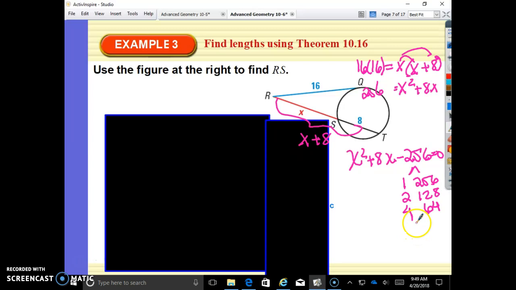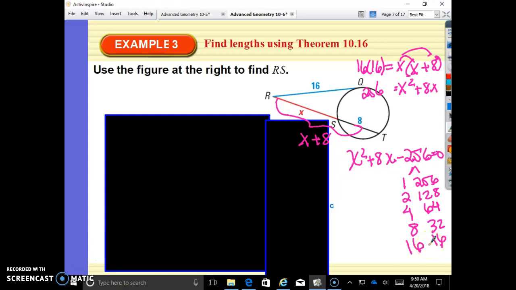No. 8 and 32. 9. No. 10 won't work. 11 won't work. 12 doesn't work. 13 doesn't work. 14 doesn't work. 15 doesn't work. 16 squared works. So these are all of our factors because there's no numbers between 16, so we know that we're done.